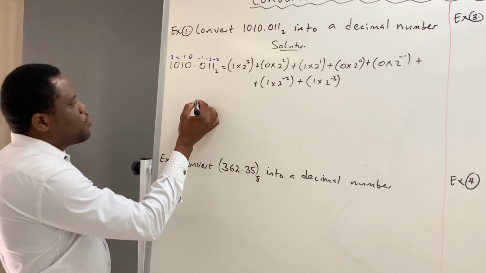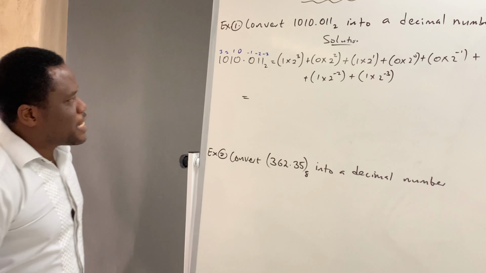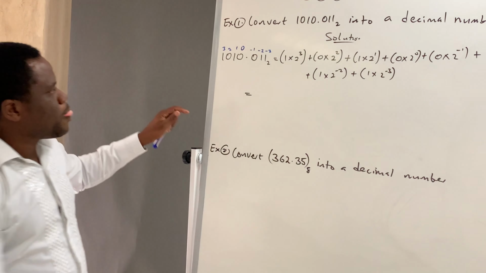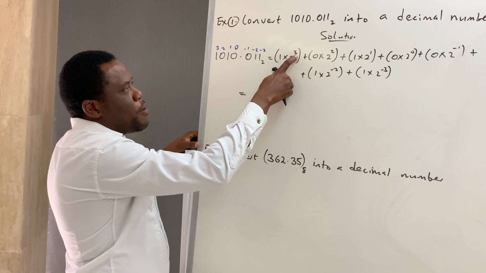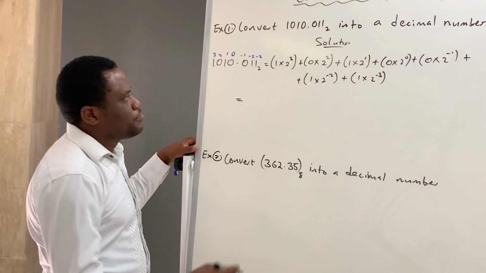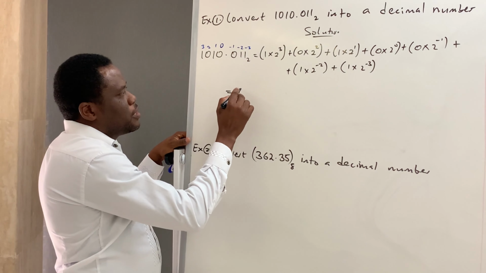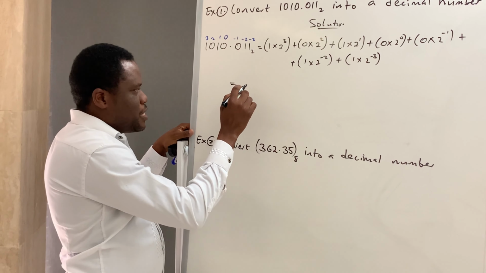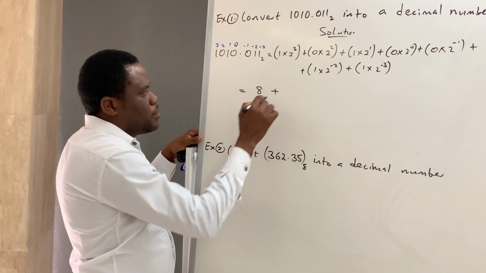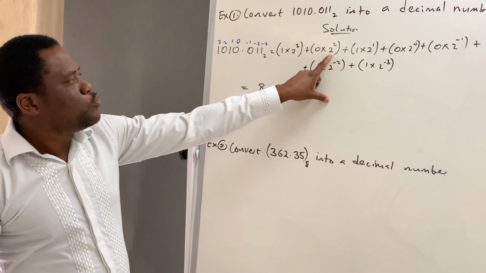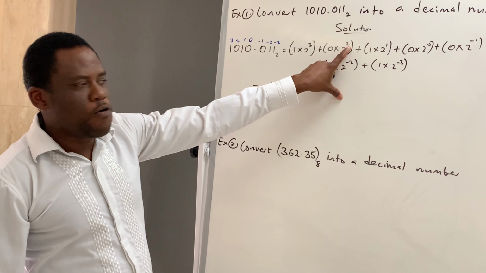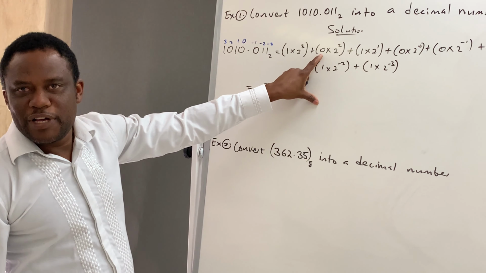Okay, now what do we have? Expand it. 2 to the power of 3 times 1 is what? 8, right? 8. Plus 2 to the power of 2 is 4, times 0 is 0.